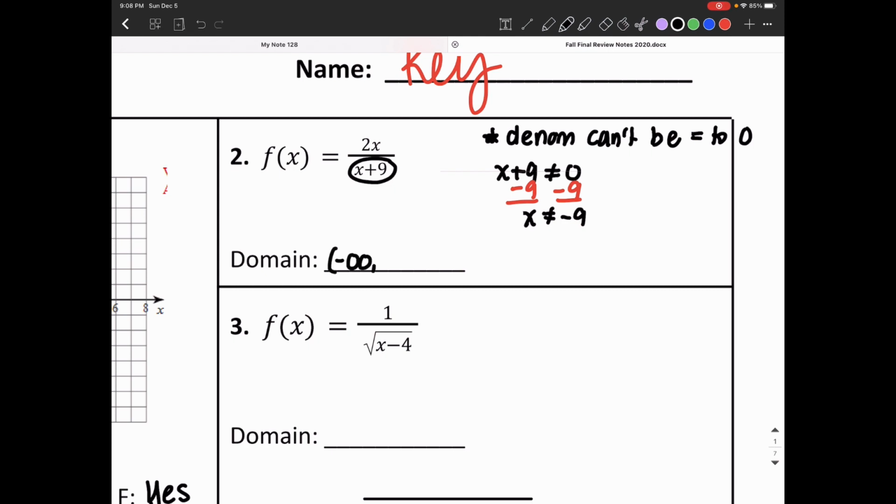So I'm going from negative infinity all the way to negative 9 for the domain, and then I'm going to have another interval, negative 9 to infinity, because everything is included except for negative 9. So to indicate that, I would have an interval for the left-hand side of negative 9, and then an interval for the right-hand side of negative 9.